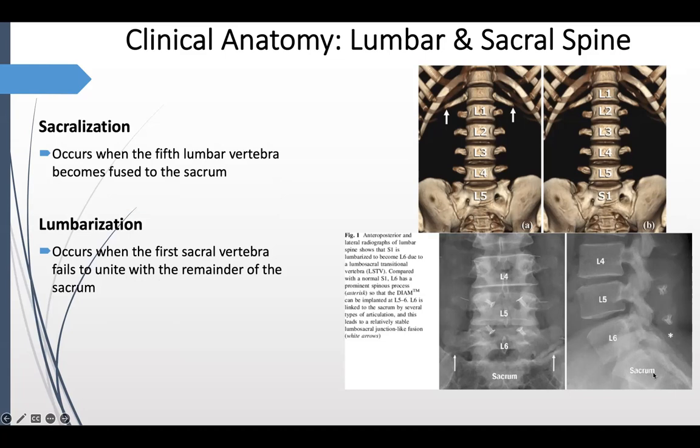If you think about the role of the sacrum in force transference from the lower extremity, right? That sacral base, that S1, is extremely important because it's wide. It's going to allow for the relay station to occur, right? And then to transmit forces up to the upper extremity. So you can have sacralization or lumbarization.